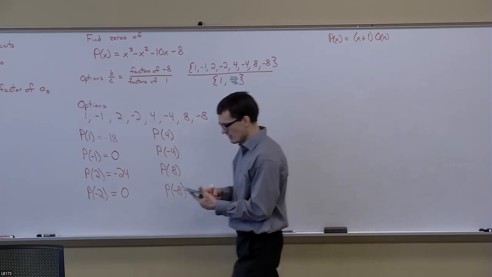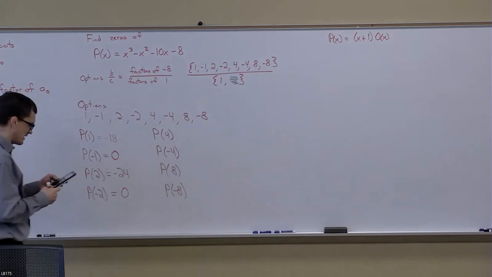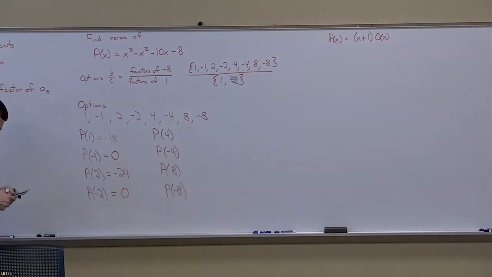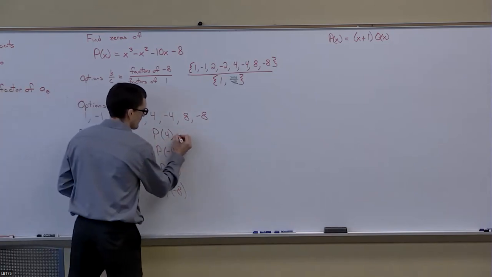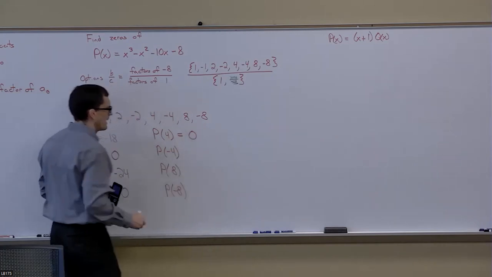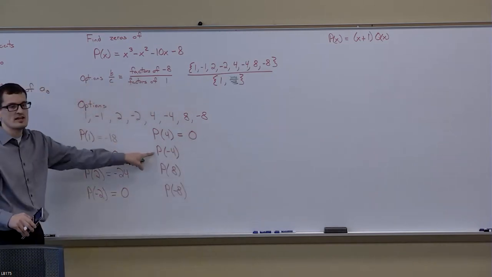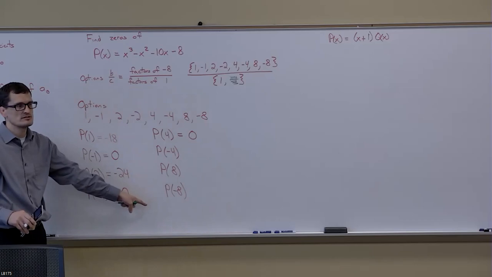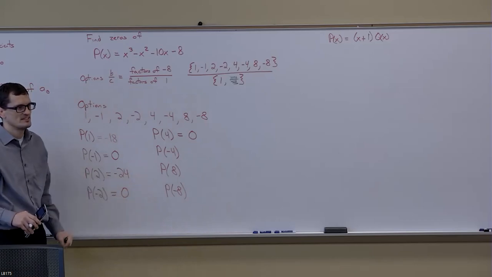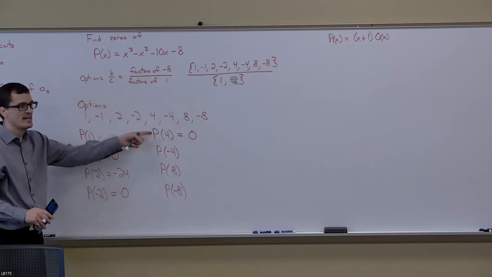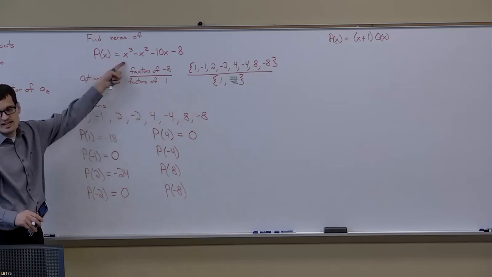All right, so let's keep plugging things in. Plug in a 4. Ooh, 4 gave me another 0. Should I keep plugging things in to look for others? No, I already have 3, and the most I can have is 3, right?